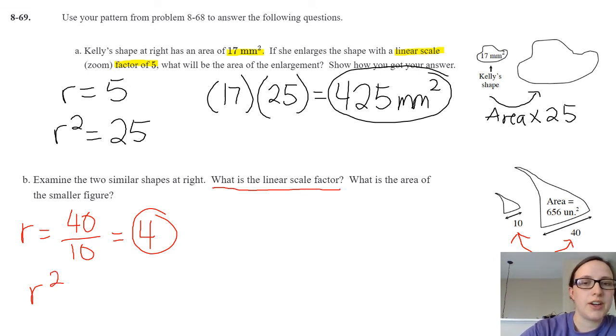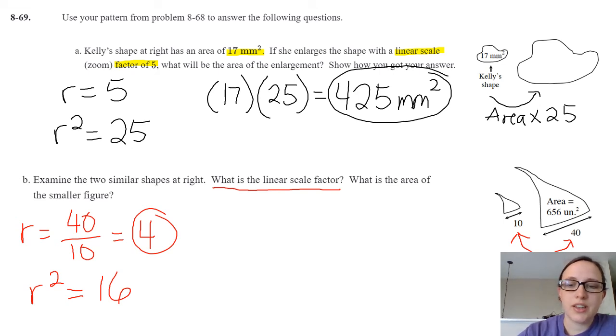And then to find the area of the smaller figure, we have to figure out what the area scale factor is. So we just square that. 4 squared is 16. So that is not the area of our shape, but that's how we can find the area. So we multiply whatever the small area is by 16 to get the larger area. Or if we go backwards, we can divide.